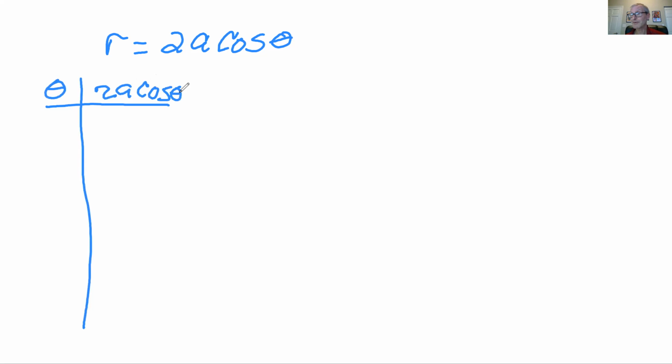So you plug in a value for an angle, and out will come a number. In this case, we have this value a, and you'll see why I picked a in this case when we get to that point. And so when you plug in 0 for theta, what do we get? Well, cosine of 0 is 1, and so this would be 2a. So if you think about it, right?